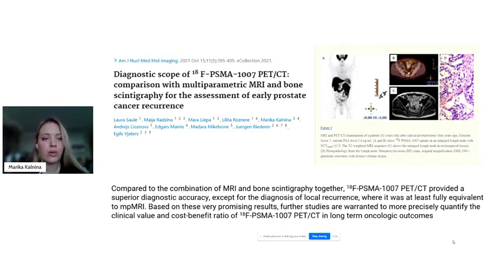What we saw is that, compared to the combination of MRI and bone scintigraphy together, fluorine 18 PSMA PET provided superior diagnostic accuracy, except for local recurrence, where it was at least fully equivalent to multiparametric MRI. These are really very promising results, and these papers are becoming more and more common. And as you see, the guidelines already recognize that.